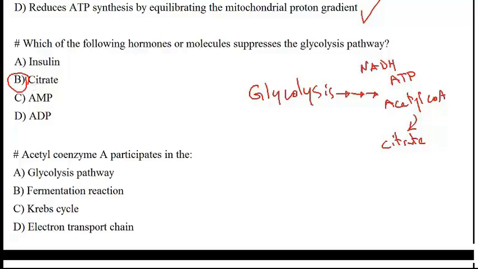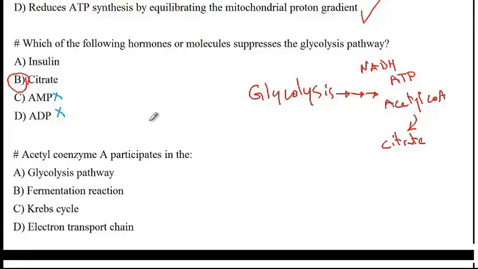Now let's see why the other choices are incorrect. If the concentration of adenosine monophosphate or adenosine diphosphate is increased, it means we don't have enough energy. So we want to enhance glycolysis in order to increase ATP production. So these two are incorrect. How about insulin?